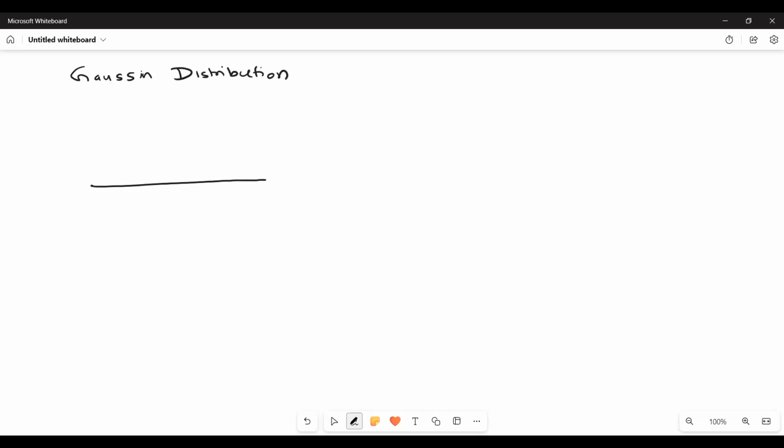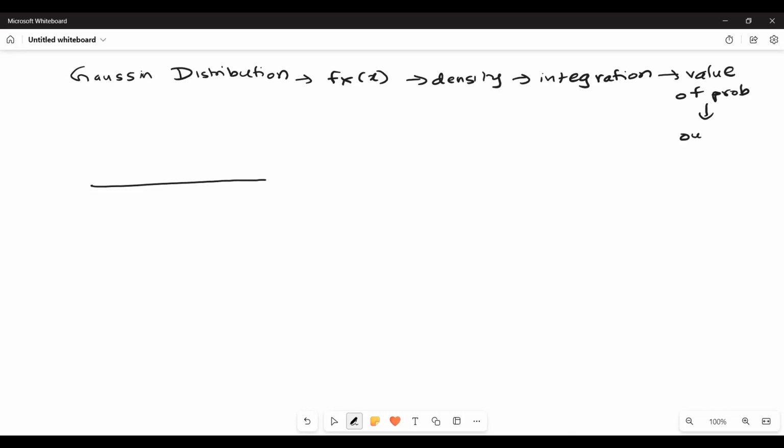So we have to find the integration over a certain region to find the value of the probability of a certain event occurring, right?